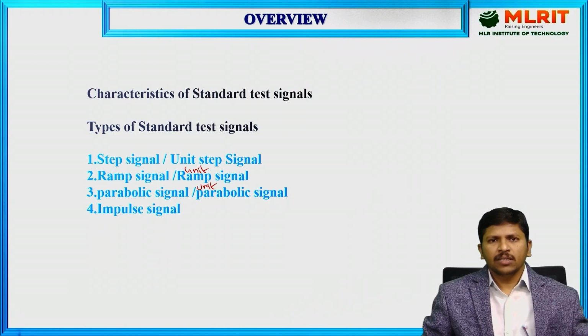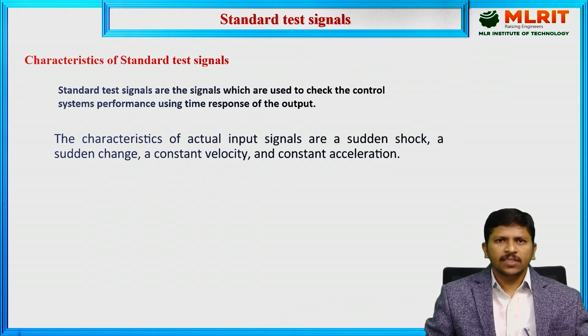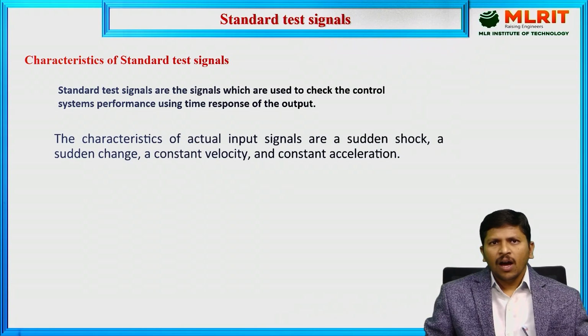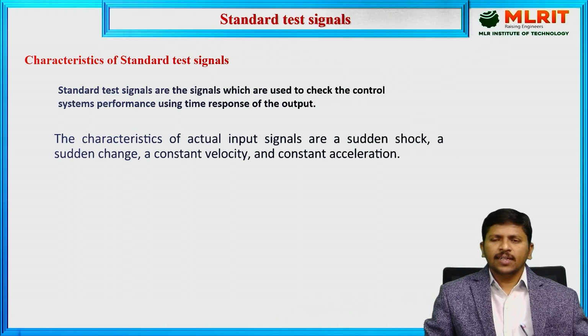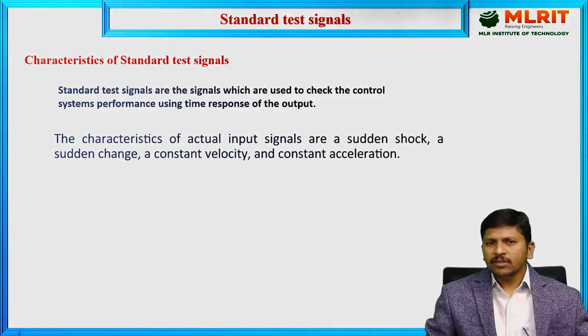Let's move on to the first: what are the characteristics of the standard test signals? By using the standard test signals, we are going to check every system, or check the performance of the control system. For that purpose we use some standard test signals.